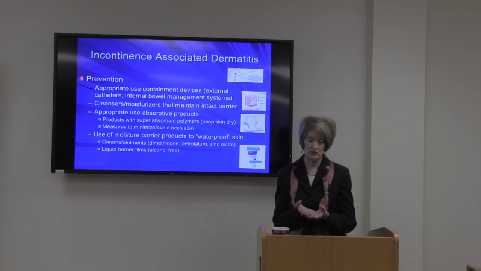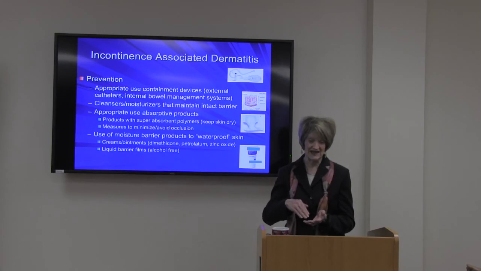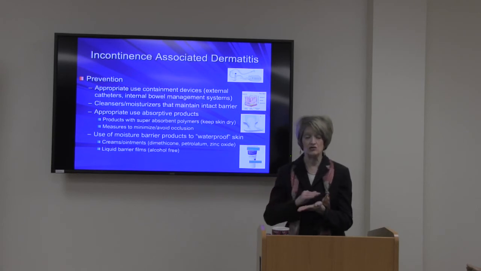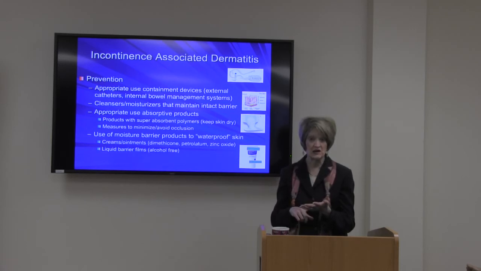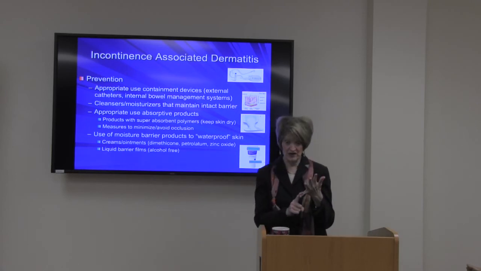We should be using impregnated wipes that have surfactants, possibly some antimicrobials, and definitely skin lipids to keep the skin healthy. If we don't have impregnated wipes, we can also use soft disposable washcloths with perineal cleansing foams or perineal cleansing solution. But whatever we're using should be no rinse.